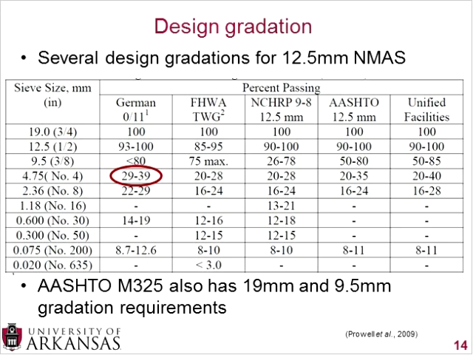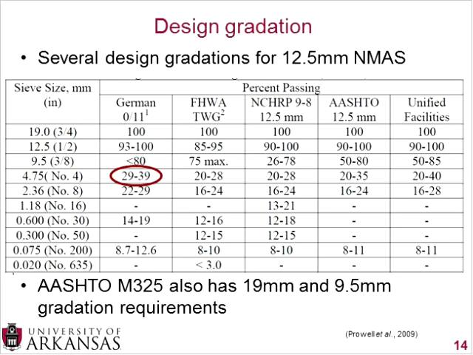What I really wanted to point out on this slide is, one, that it's extremely gap graded. The change between the 9.5 millimeter sieve and the 4.75 millimeter sieve, right around where that red circle is, shows a very quick drop-off between sizes. That means there is a lot of material in that 4.75 to 9.5 millimeter range, or the number 4 to the 3/8 inch sieve range. So that's how you get your gap-graded mix.